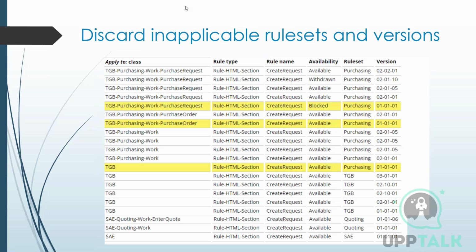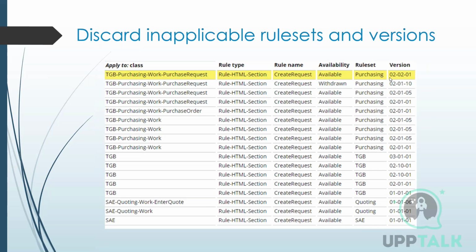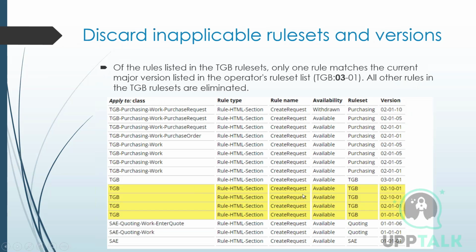Good. Then what else will be discarded? Major version is same, but minor version is not same. It's not even less also. So yes, this is also discarded. Perfect. Then what about these? Again, the highlighted ones. TGB, it has to be O301. Discarded because the major version does not match.